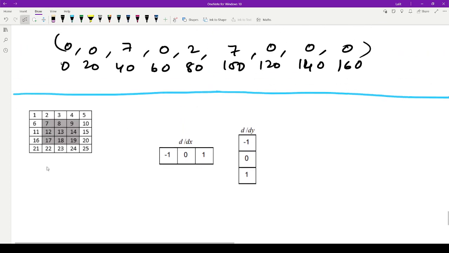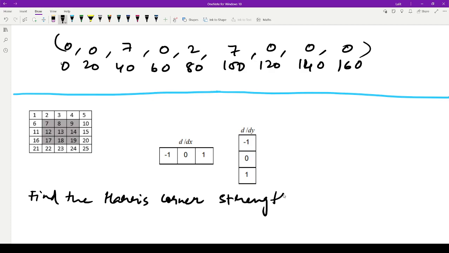so here you have to find the Harris corner strength or the corner score that was discussed in the class.